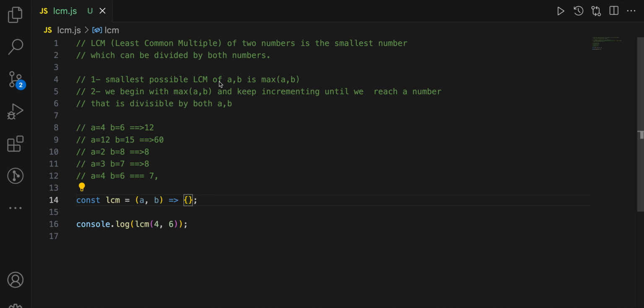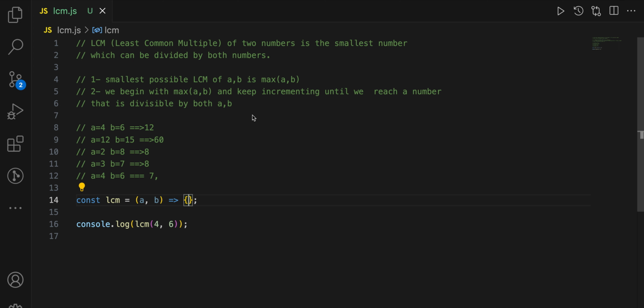First thing, the smallest possible LCM of A and B is the maximum of A and B. Let us suppose A is 2 and B is 8, so the LCM is 8, the maximum of the two numbers. If that is not the case, then we begin with the maximum of A and B and we increase.